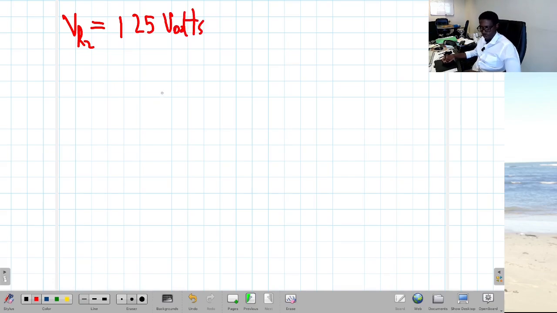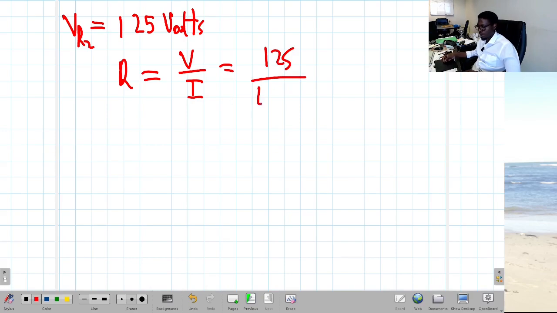Therefore, according to Ohm's law, the resistor value is V over I, which is 125 over 10 times 10 to the power negative 6, that's 10 microamps. This gives us 12.5 mega ohms.